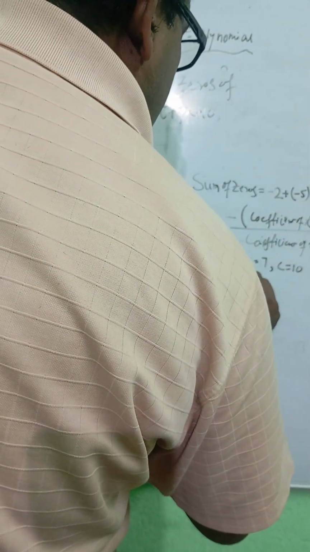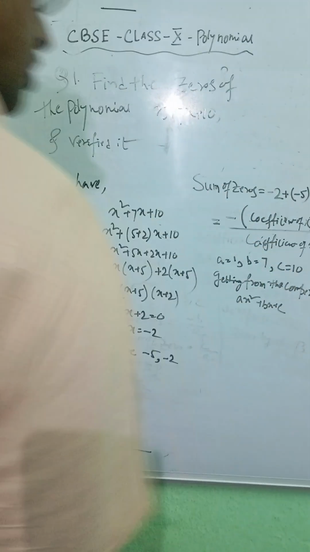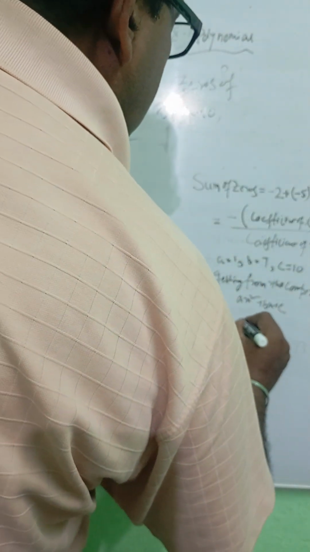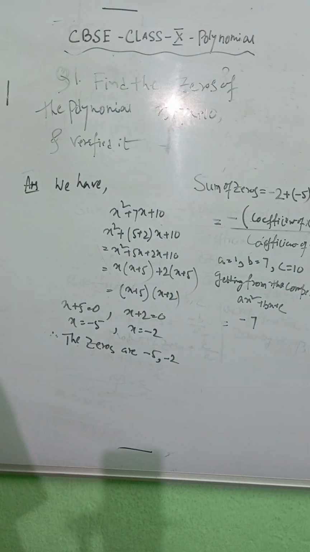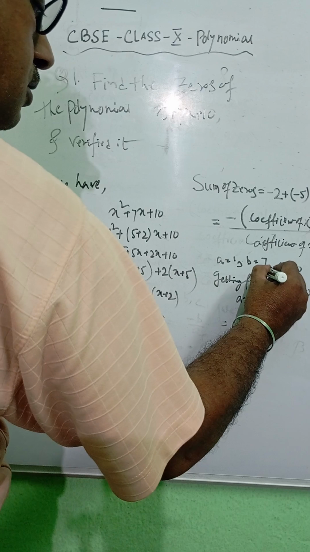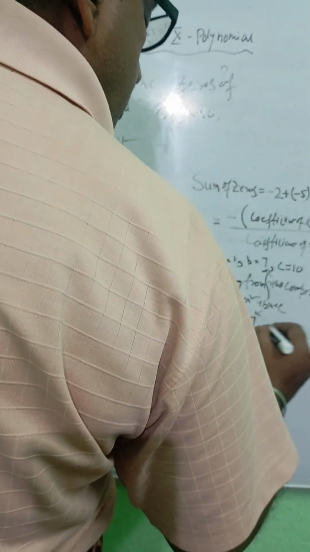Getting this from comparing with ax square plus bx plus c. Now the coefficient of x is b, that is 7. It is minus 7 by coefficient of x square, that is 1.